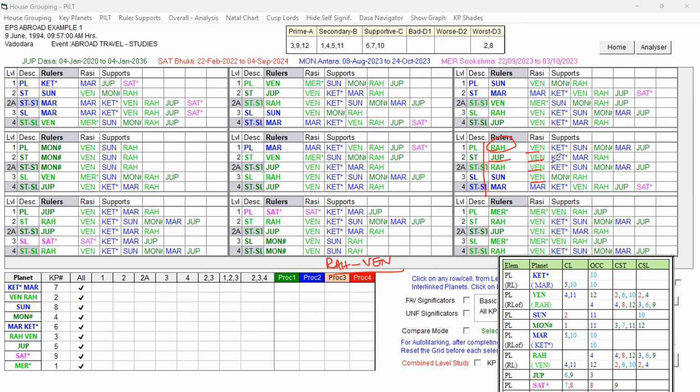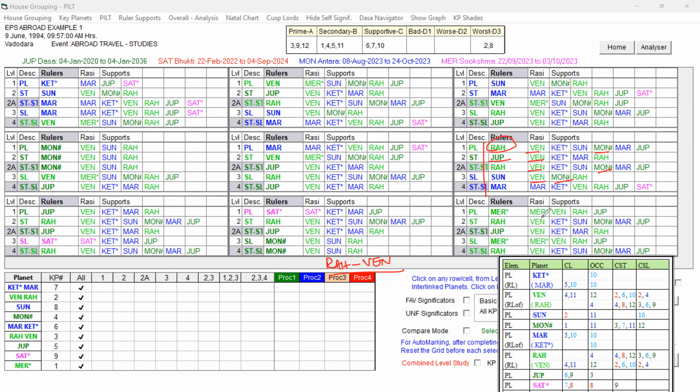Venus is the strong, favorable key planet for all levels. So Rahu, Jupiter, and Venus are the favorable key planets of the Dasa Lord. And the Moon is also present in the supports.